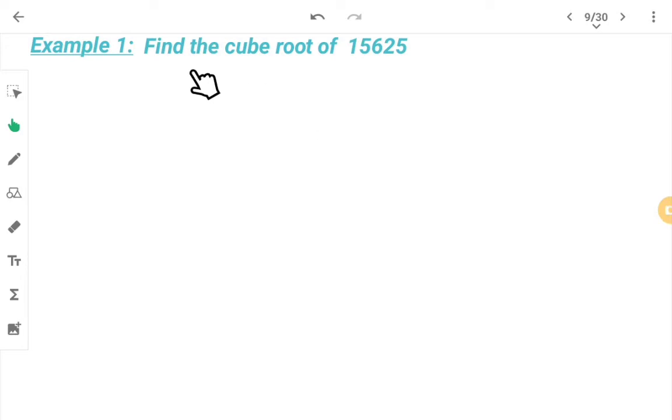Find the cube root of 15,625. What is the first step? We have to do prime factorization, right?